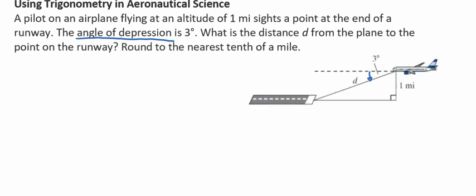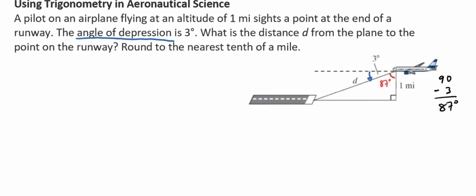Which means that in order to find this angle, we need the complement because together these form 90 degrees. So we're going to take our 90 degrees and subtract that 3 degrees and find 87 degrees. So this theta here that we need to use for our triangle is going to be 87 degrees.